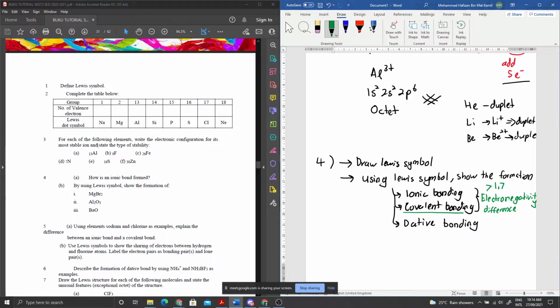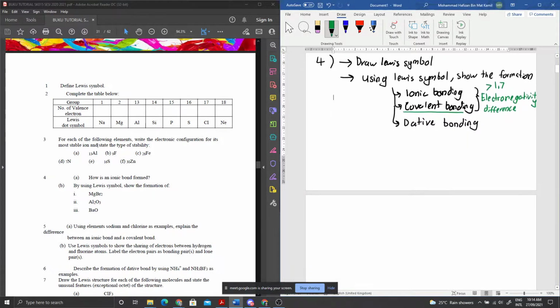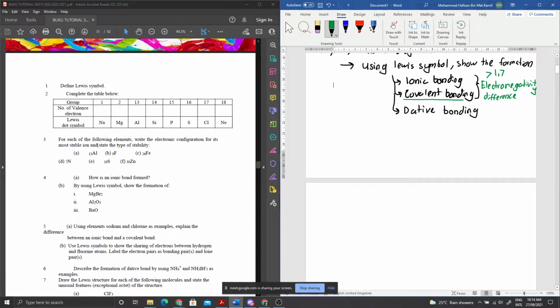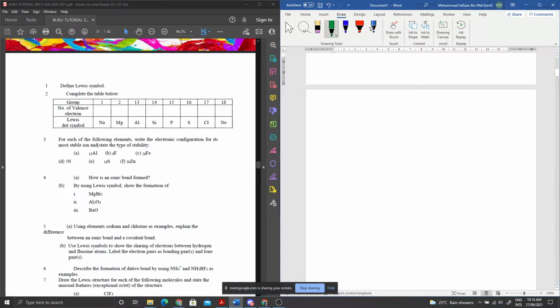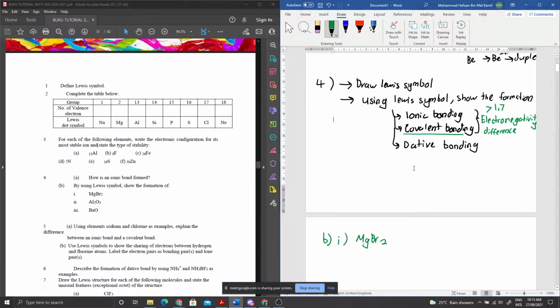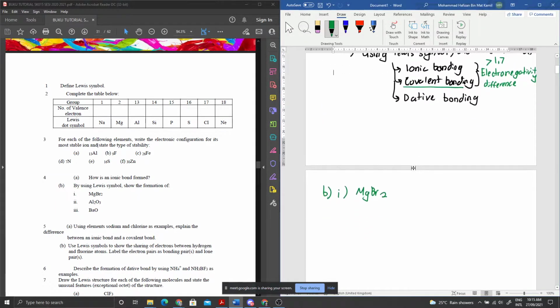Alright, so let's look at question B1. Question B, number 1. Using Lewis symbol, show the formation of MgBr2. The first step, since we need to know whether it is ionic, covalent or dative.